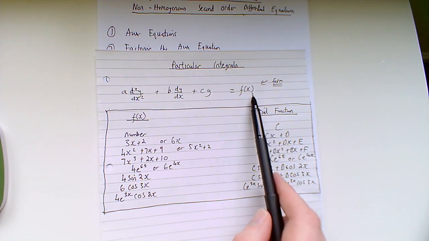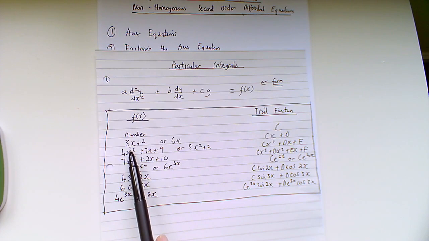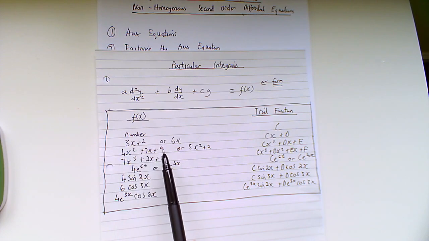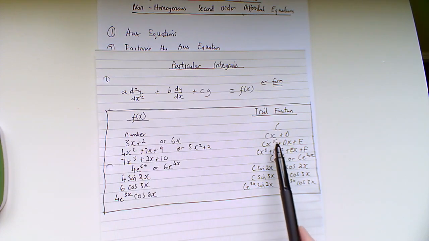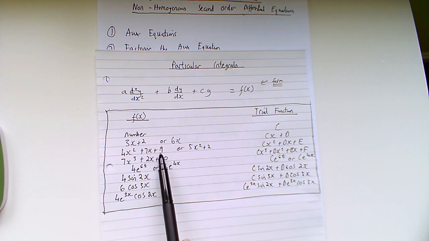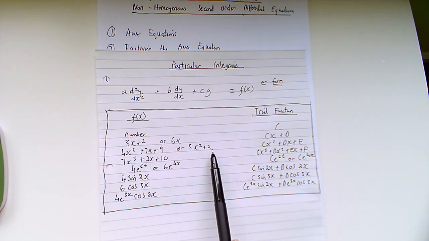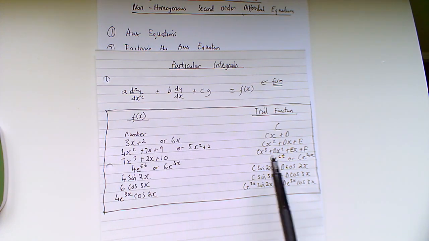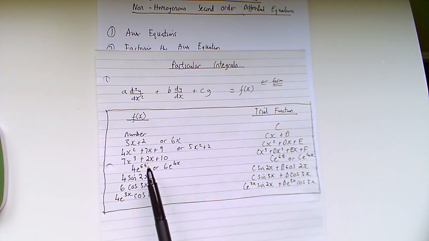If it's just a linear thing, so it's just got an x in it and maybe a number, we use cx plus d. If it's a quadratic, 4x squared plus 7x plus 9, or 5x squared plus 2, anything that's got an x squared in it, use cx squared plus dx plus e. Similarly, if it's got a cubic in it.